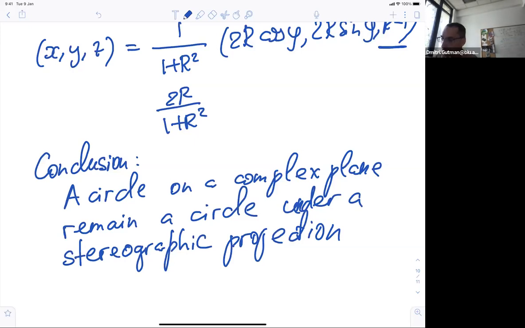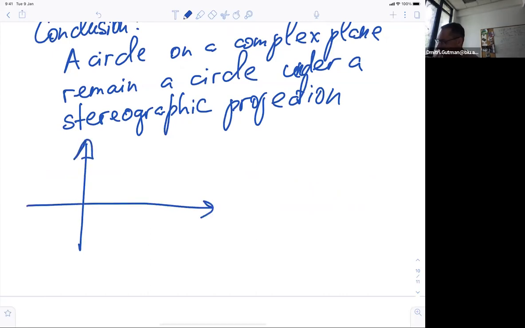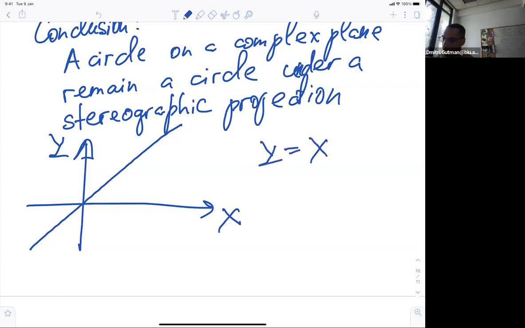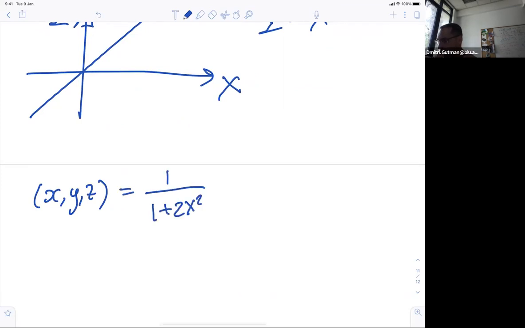Now let's discuss the line. Let's have a complex plane, and let me just draw a line y equals x to keep things simple. Then the point x, y, z on a sphere will be 1 over 1 plus 2x squared, times 2x, 2x, 2x squared minus 1.